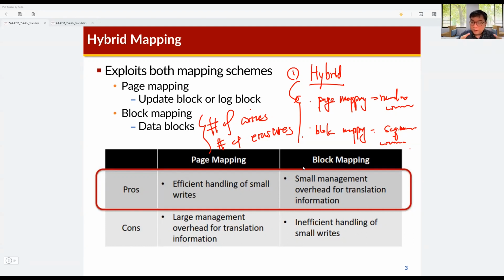Also, the NAND flash has a limited number of writes, that means a limited number of erases. So we need to reduce this erase count in NAND flash memory. So what is the best address translation scheme for SSD if we just consider the performance of SSD?